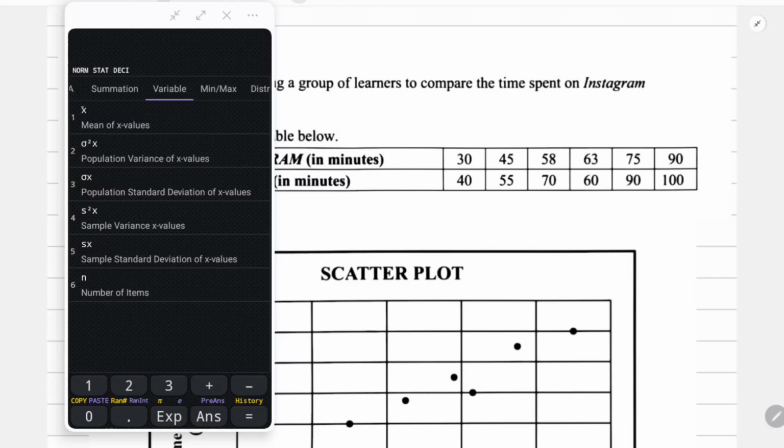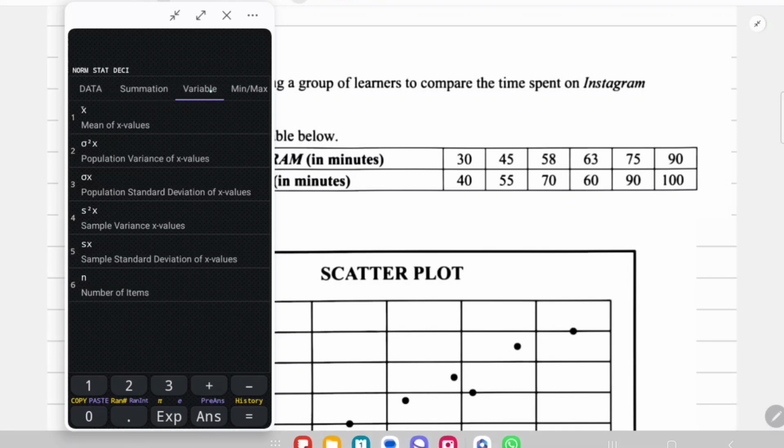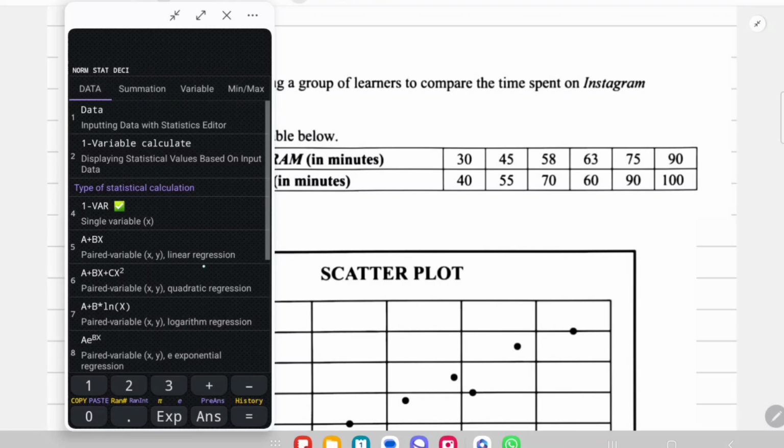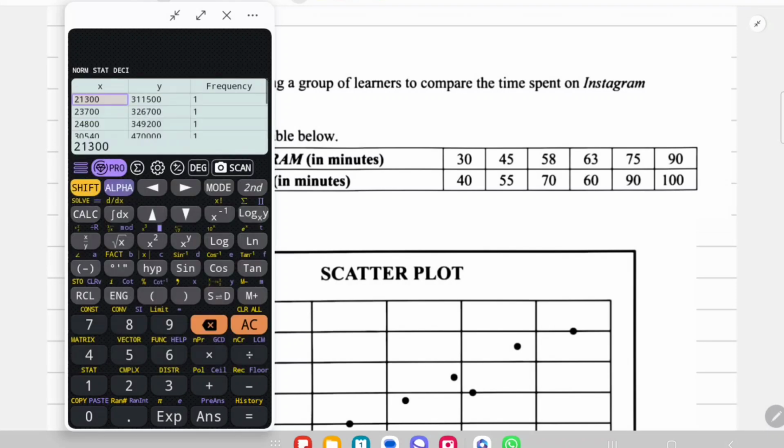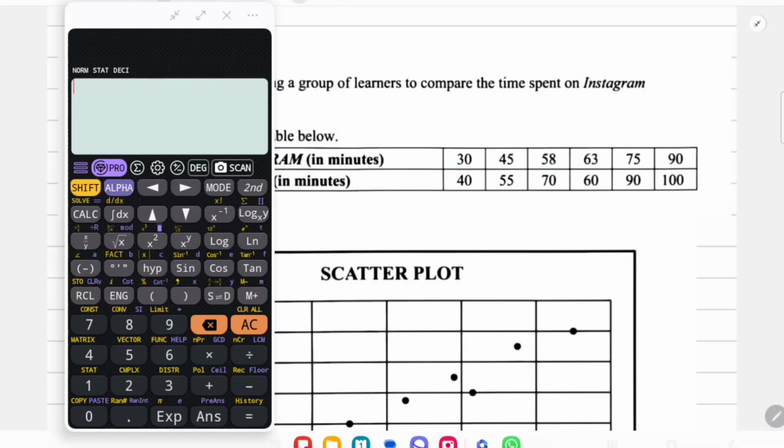So on my calculator, I'm just going to move around to actually find that. I'll go to my data and then I'm going to go to where my bivariate data is. Okay. So seems like I already had something recorded there, probably from another exam, but we're going to put this in. Remember, this is the values on your x-axis and that's the one on your y-axis.